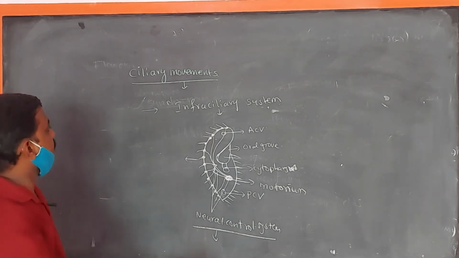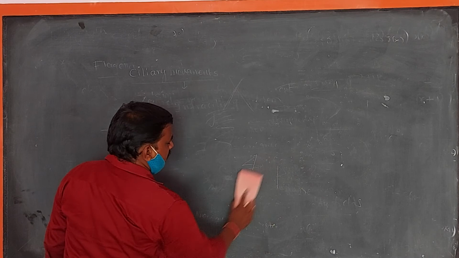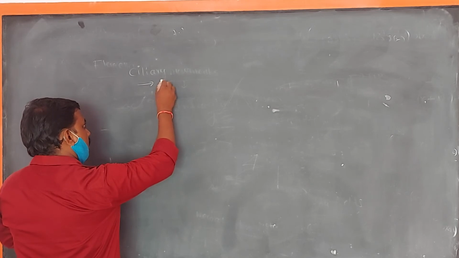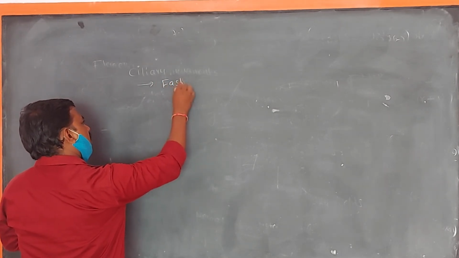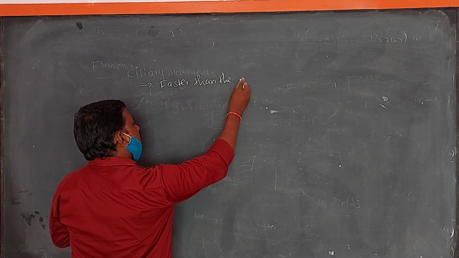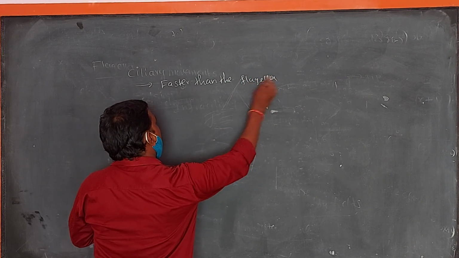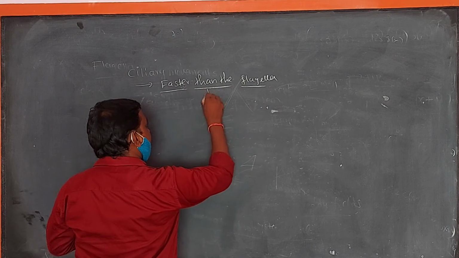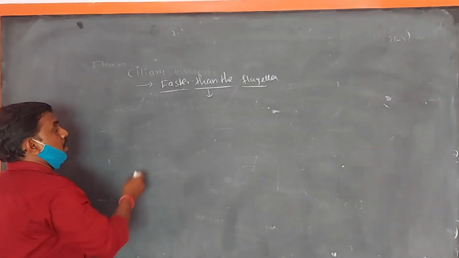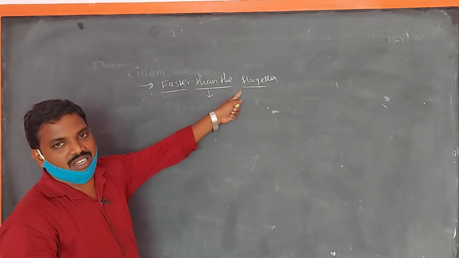Next one, the ciliary locomotion. Ciliary locomotion is faster than the flagellar locomotion.